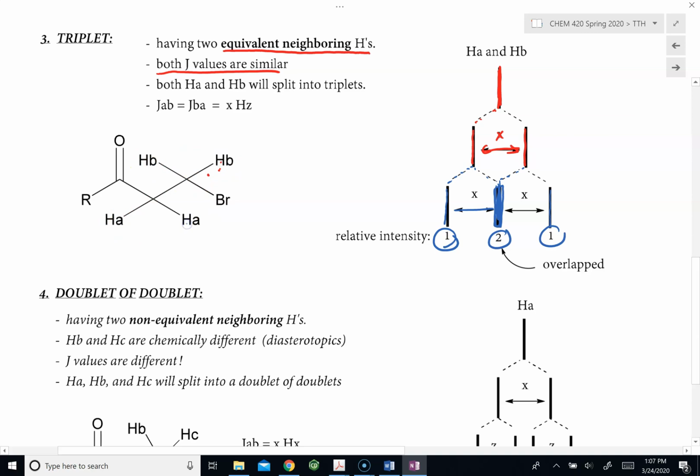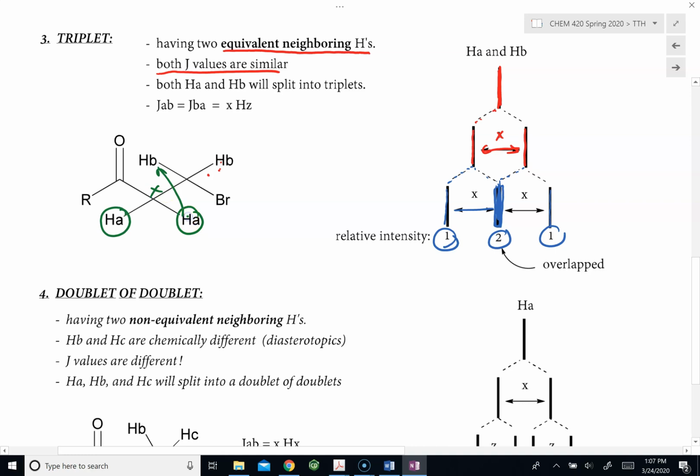Now the HA would also be a triplet as well. Again, these two HA right here are chemically similar, so they will show up as one signal, and they do not communicate with each other because they're chemically equivalent. And we will then see that this HA communicates with this HB, and let's say the distance now is x, that's the extent of this J value.